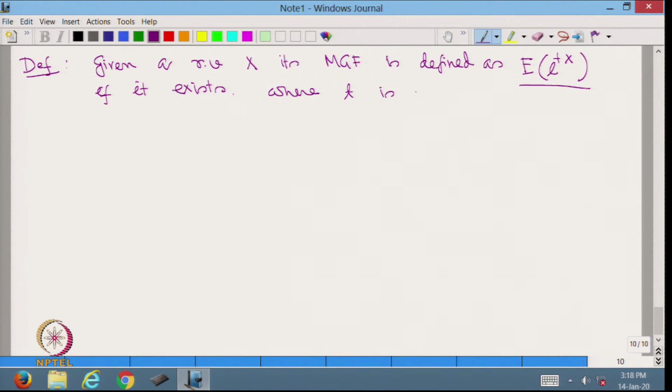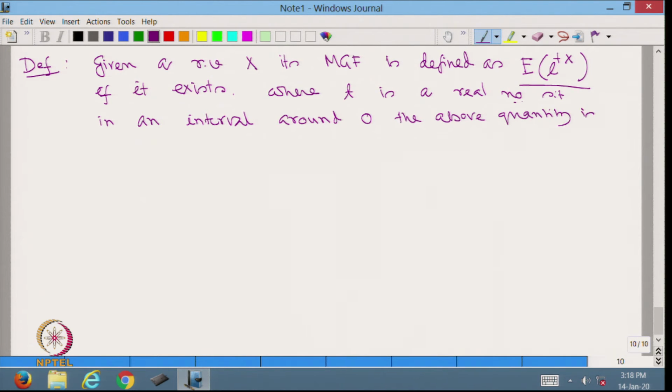Therefore, if it exists, where t is a real number in an interval around 0, the above quantity is defined.